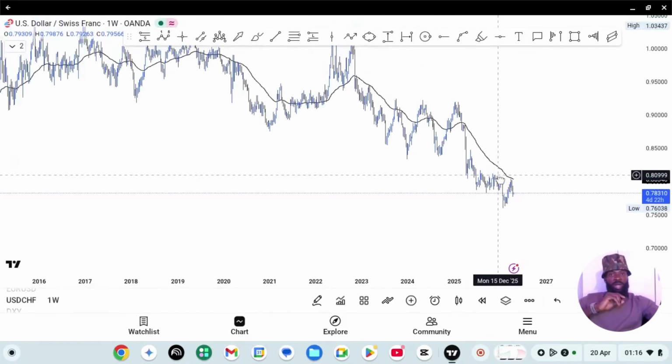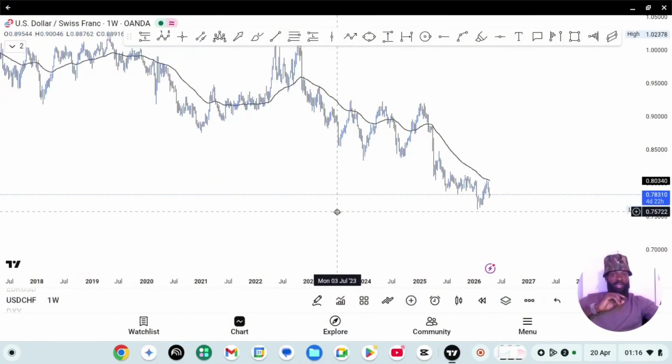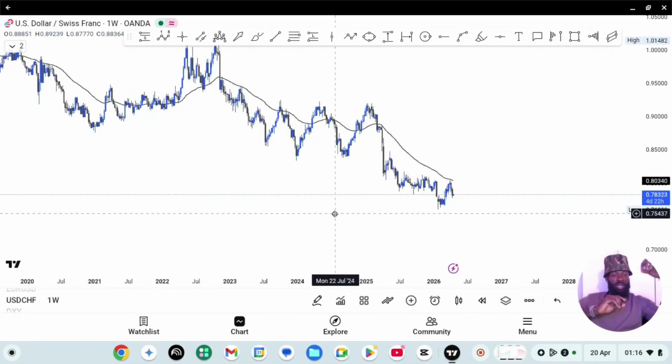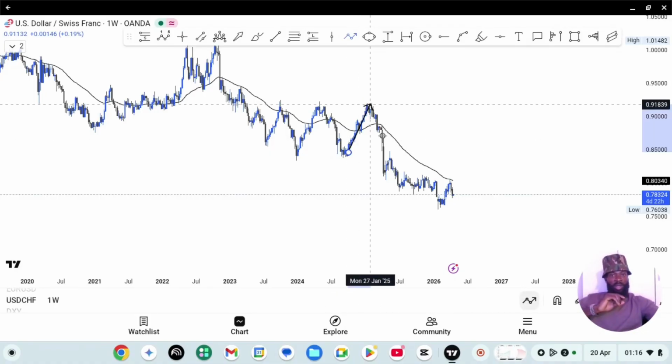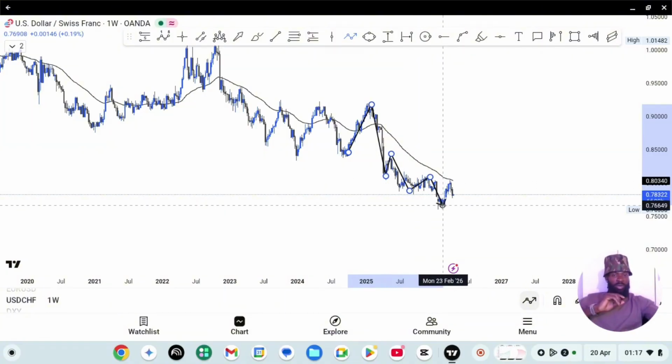Looking at this weekly time frame, we can clearly see this is a clear downtrend. How do you know it's a clear downtrend? Because the market is giving us a series of lower lows and lower highs. Lower high, lower low, lower high, lower low, lower high.